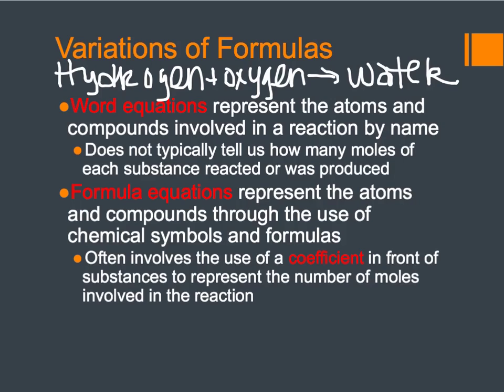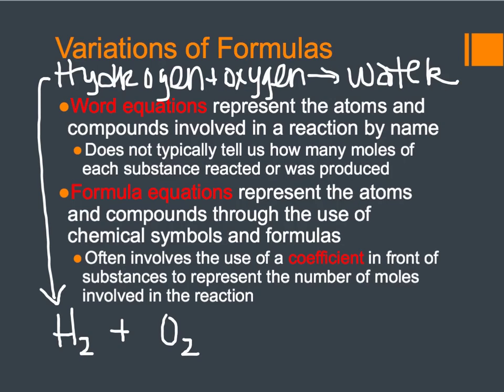A formula equation is much more detailed. It generally involves chemical formulas rather than the words or the full names. So for our same equation here, hydrogen, which is in the form of H2 gas, plus oxygen, also in the form of a gas, yields water. So it shows us the form that the hydrogen and oxygen are in, and it shows us the formula for the newly created compound.